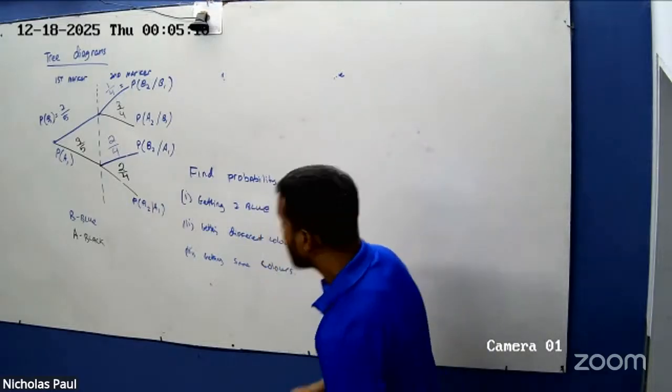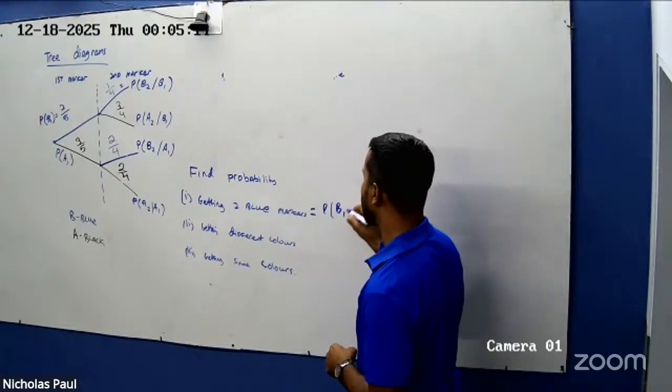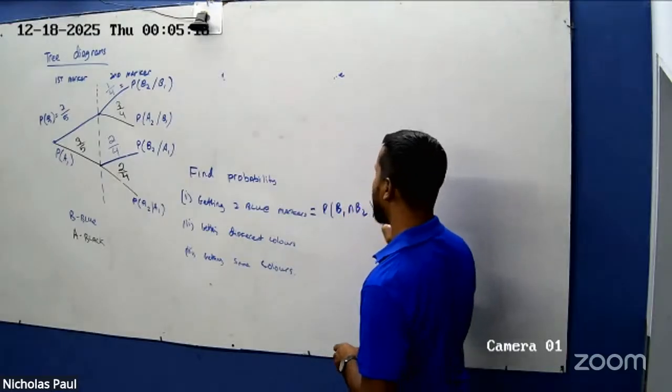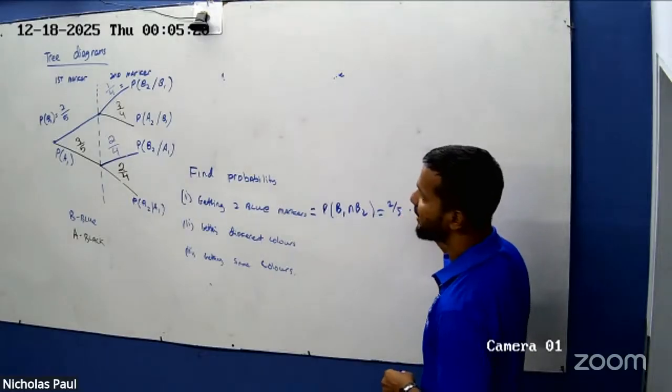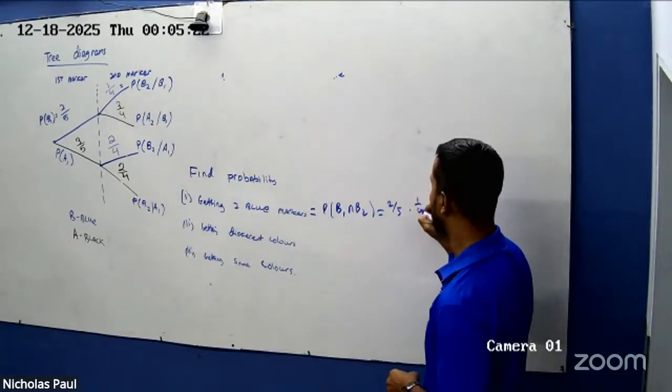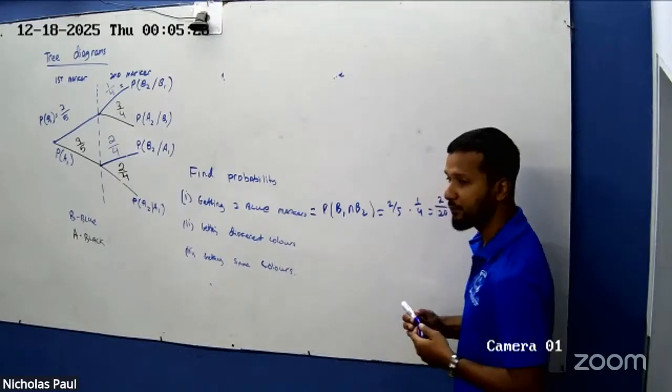I asked for 2 blue, so you get a blue the first time and a blue the second time. That will be 2/5 multiplied by 1/4. So I got 2/20 or 1/10, right?